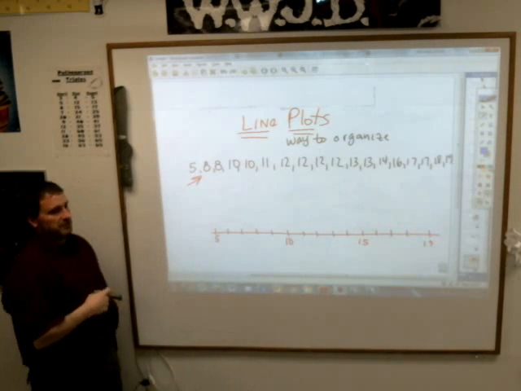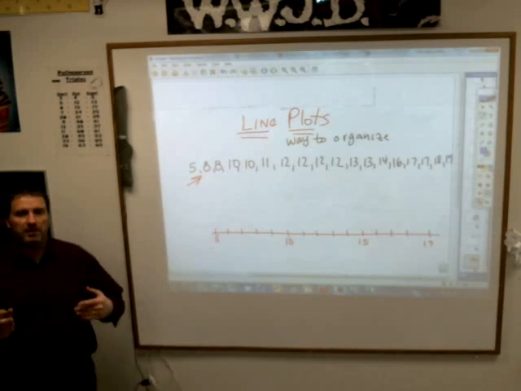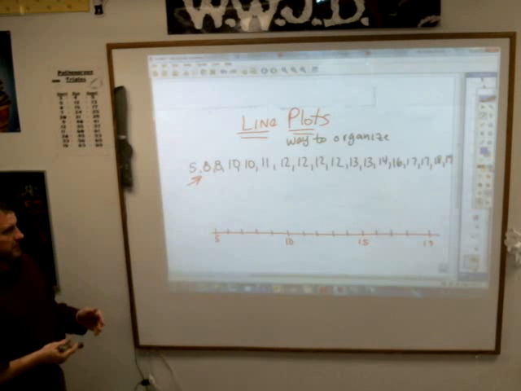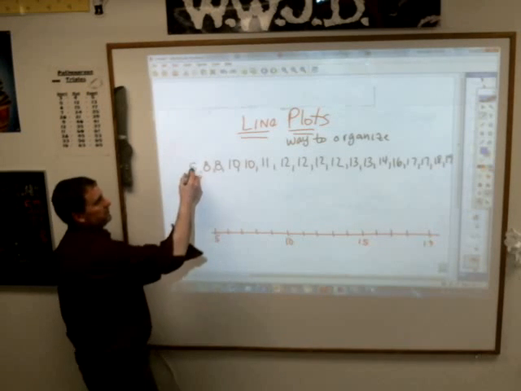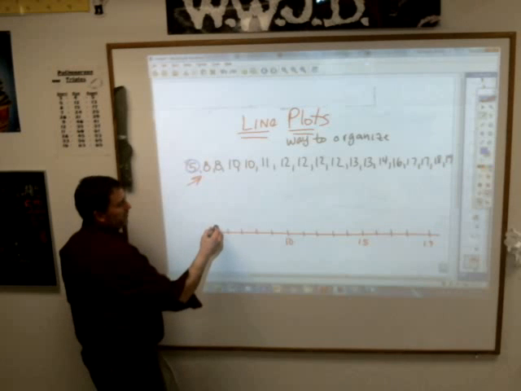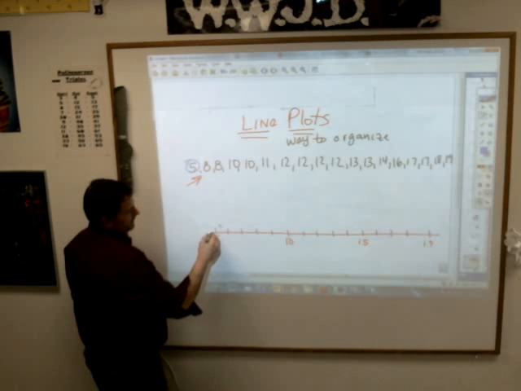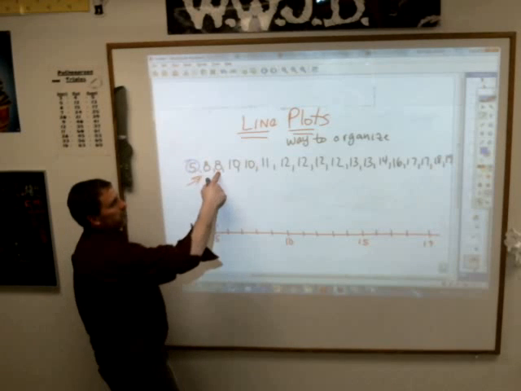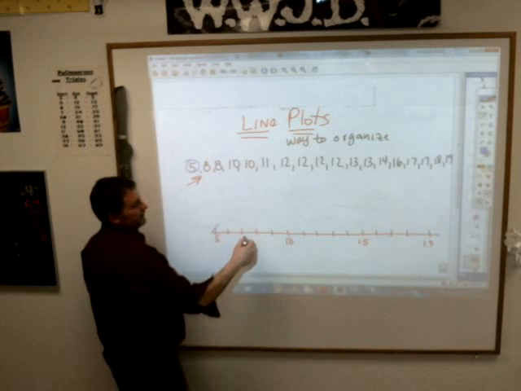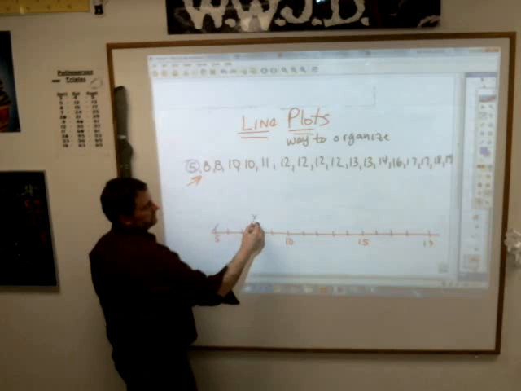And a line plot just simply means you put an X above the number where it is on the number line. For example, here's a 5, so I put an X at 5. You have 2 8s, so at 8 you make 2 X's.